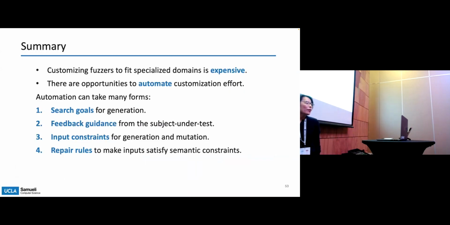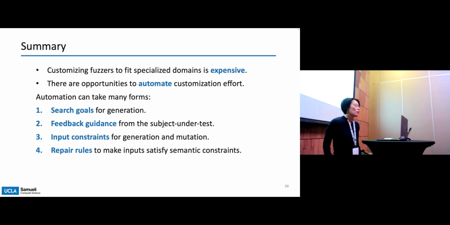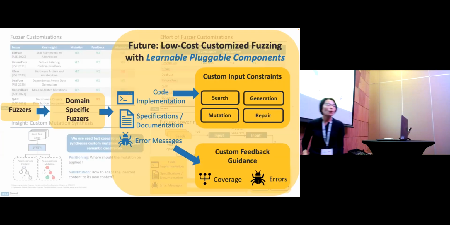So in summary, you have seen there's a customization effort to make it work for many different domains. I think automation can take many forms, like search goals for generation, feedback guidance, input constraints, and repair rules to make inputs satisfy semantic constraints. And this is a picture that I hope, again, you could remember.